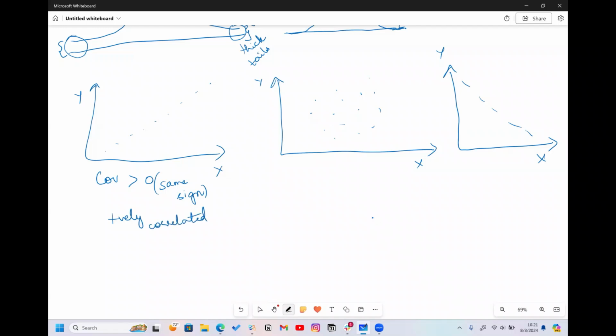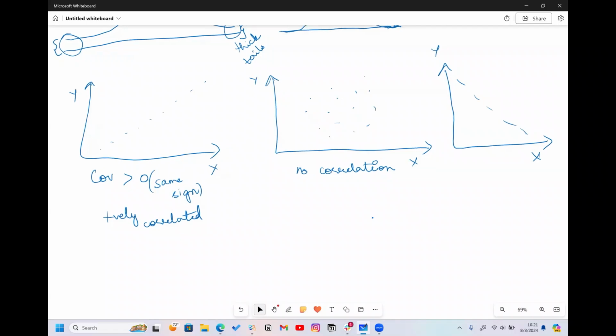This graph does not have any correlation, so no correlation. Anything can happen. You don't know the relationship between X and Y over here. And then here it is different signs, so negative correlation.